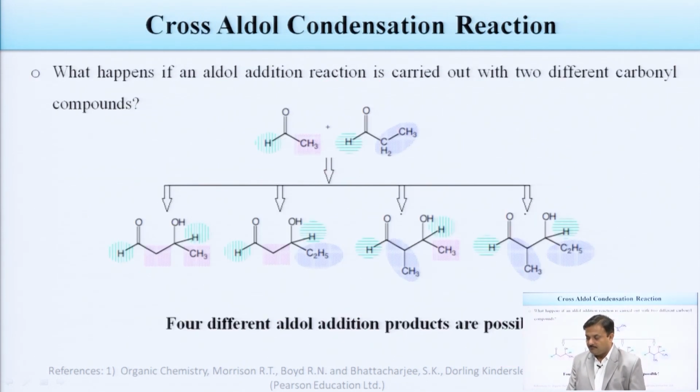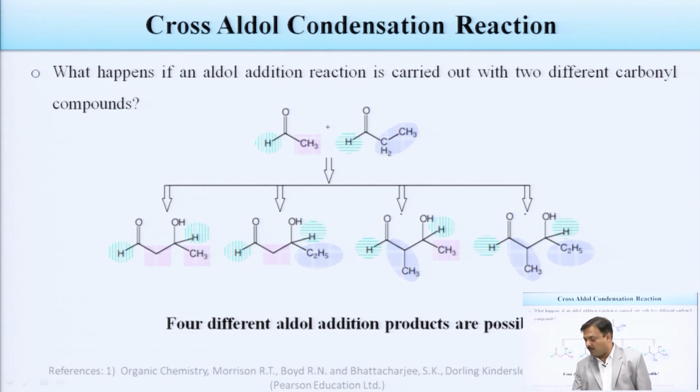Now, coming to the next topic, that is cross aldol condensation reaction. As I told you, in the aldol condensation, both the aldehydes or both the ketones which we are using should be similar, carrying at least one alpha hydrogen.